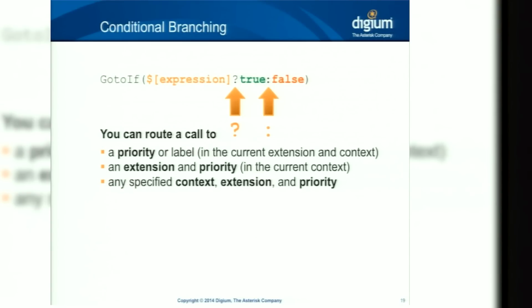Remember, a Goto application can take 3 arguments, context, extension, and priority, but it could take 2 or just 1 argument. If you want to go to just a priority label if true, that's what you'll define after the question mark, but before the colon. And then if you want to go to some context, extension, and priority if false, then that's what you'll define after the colon.